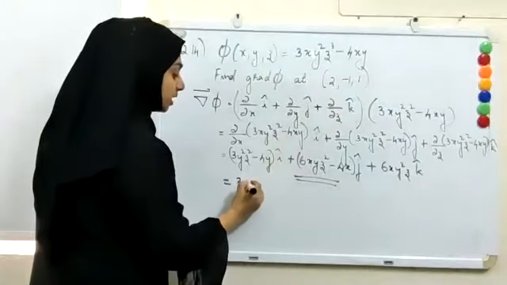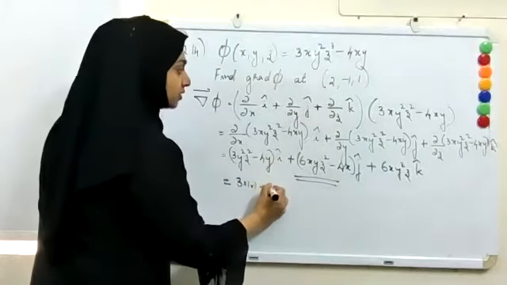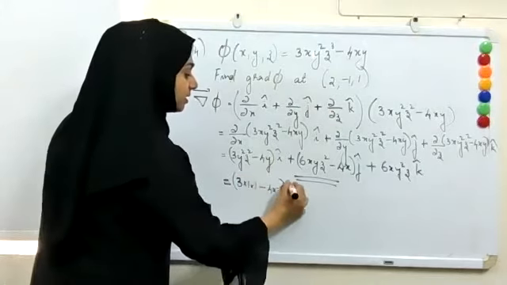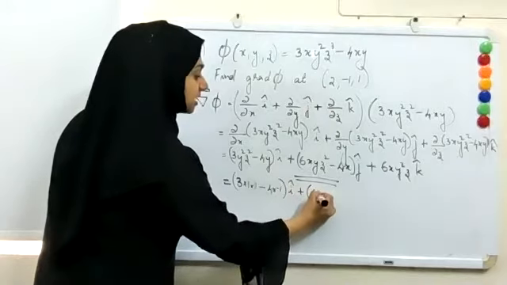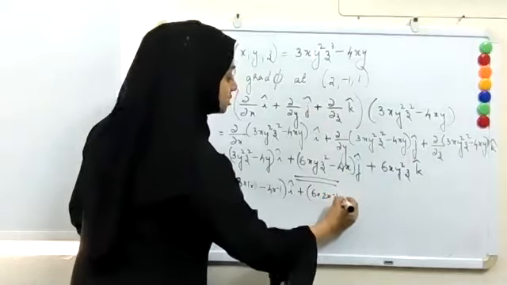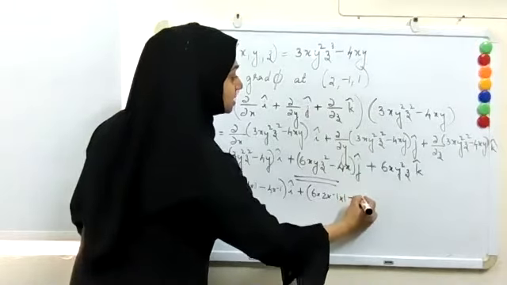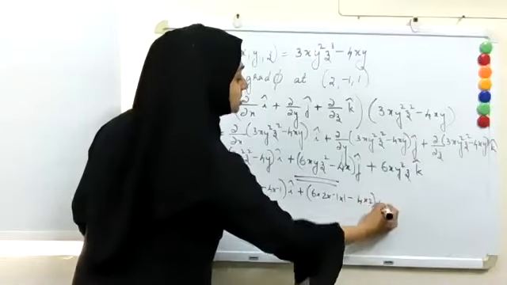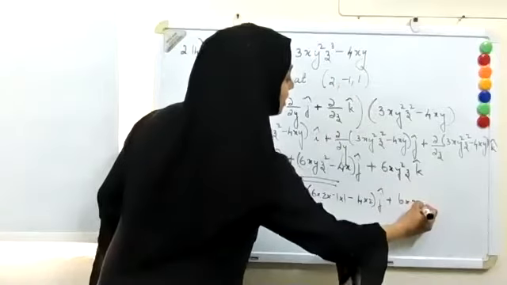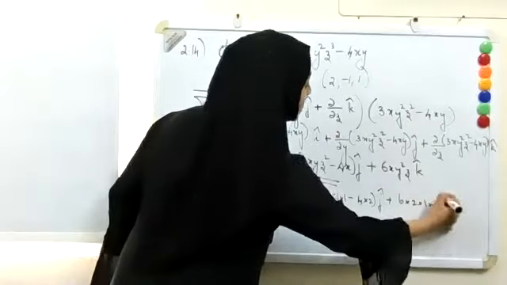So this will be equal to 3 times y is -1, (-1) square is 1, times 1 square 1, minus 4 times -1, into i cap, plus 6 times x is 2, times y is -1, times y square z square, 1 square 1, minus 4 times 2, again j cap, plus 6 times x is 2, times y square, (-1) square is 1, times 1, k cap.